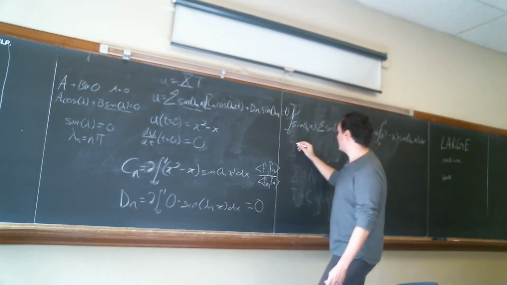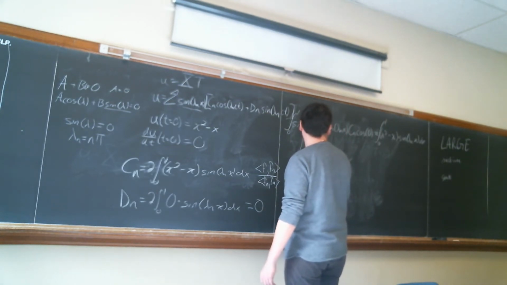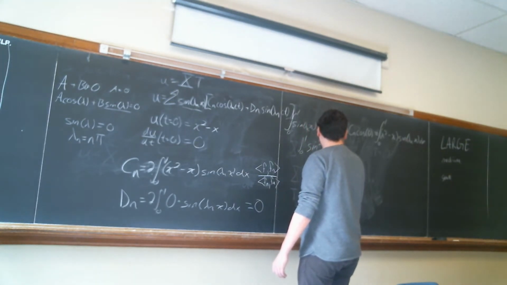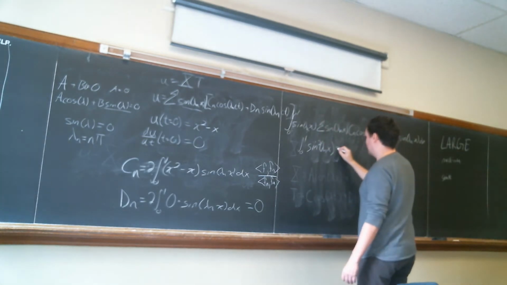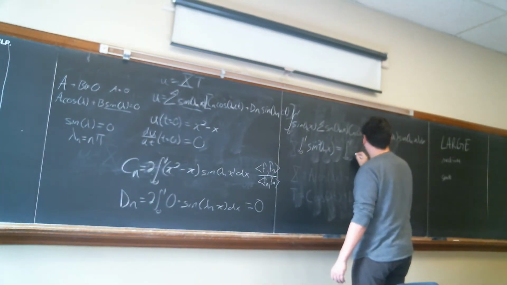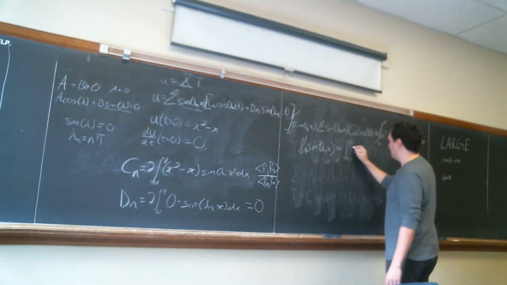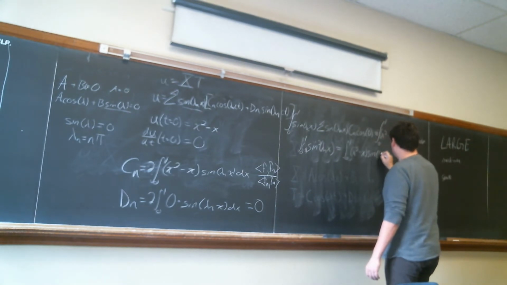So we could just look at this as the integral from 0 to 1 of sine squared lambda n x equals this integral from 0 to 1, I forgot my Cn, of x squared minus x times sine lambda k x.